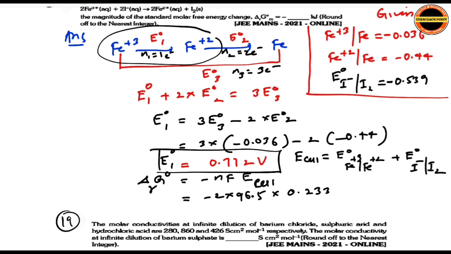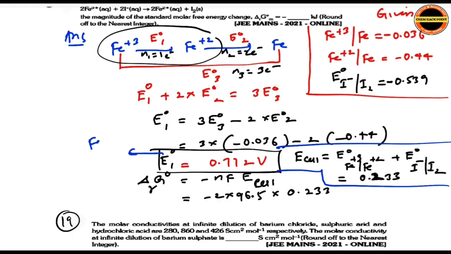The value is given. If you substitute those values here, you will get 0.233 finally. See the question, with the E naught value for Fe plus 3 to Fe plus 2 and the other value, this one, I minus to I2. If you add both, you will get 0.233, which is E naught cell.